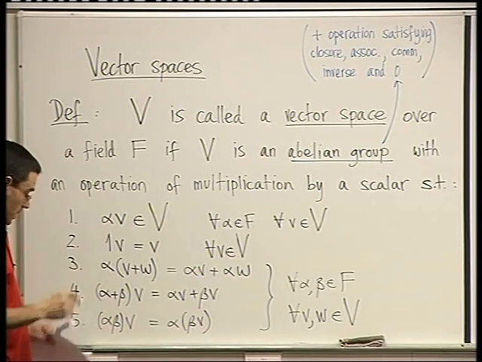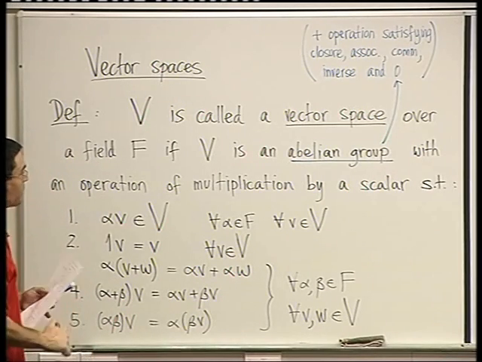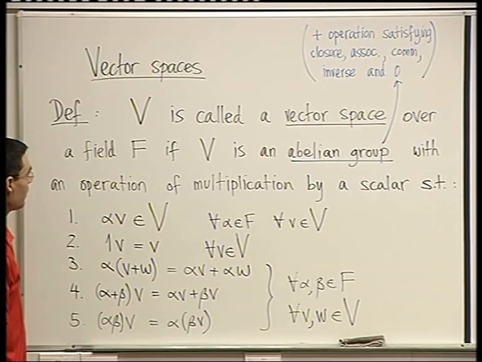Good? So this is the abstract definition of a vector space.